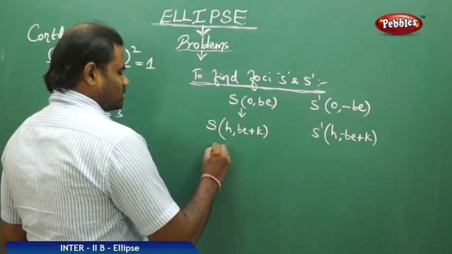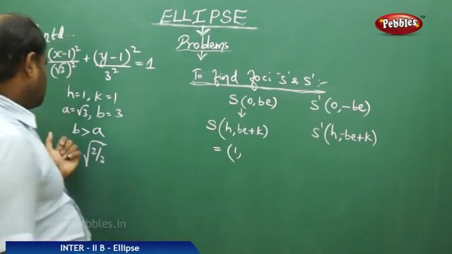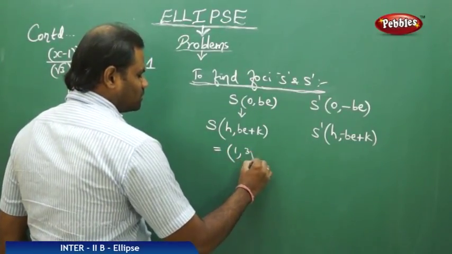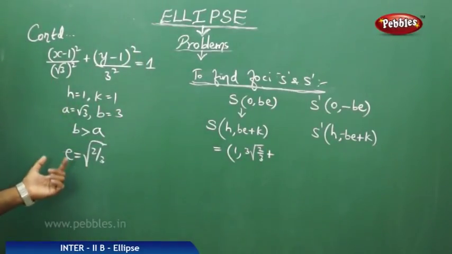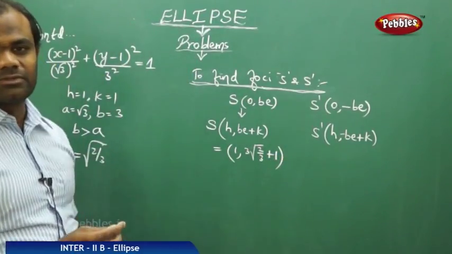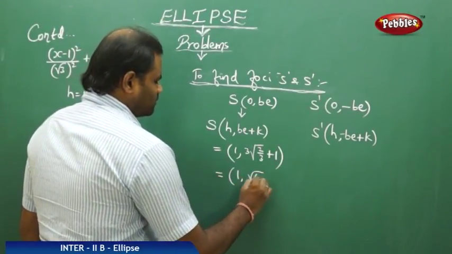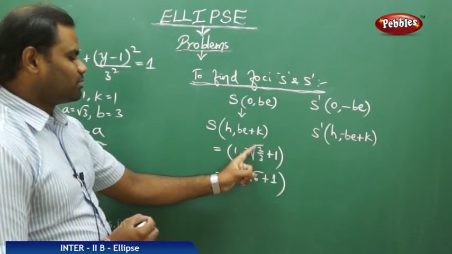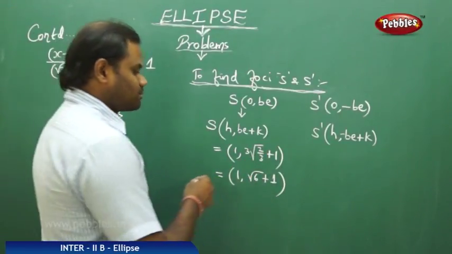So this is nothing but given by h, which is 1, and b, which is 3, times e, which is root 2 by 3, plus k, which is 1. So this can be further simplified to root 6 plus 1, because the 3 gets cancelled with this as root 3; root 3 times root 2 is root 6, with root 3 and root 3 getting cancelled.